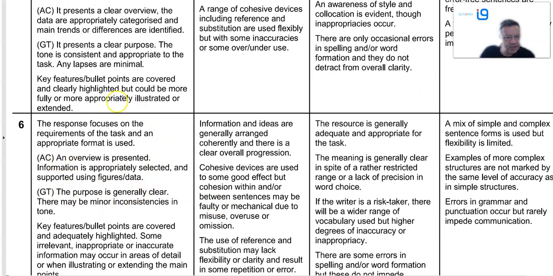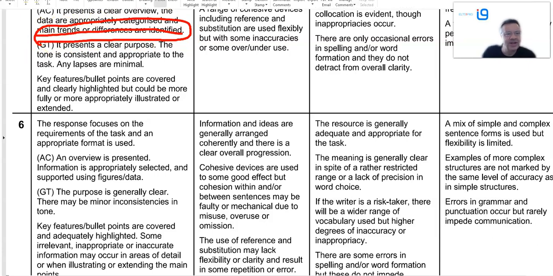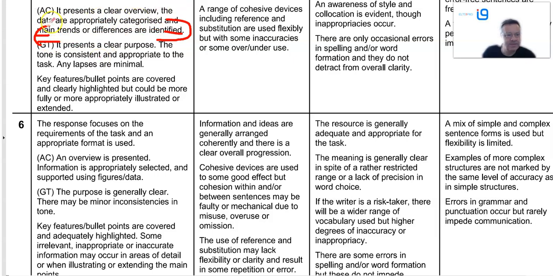Overview appropriately selected, key features highlighted. Main trends or differences are identified. Well, you can see that. So what's the biggest? What's the smallest? What's gone up? What's gone down? Etc.